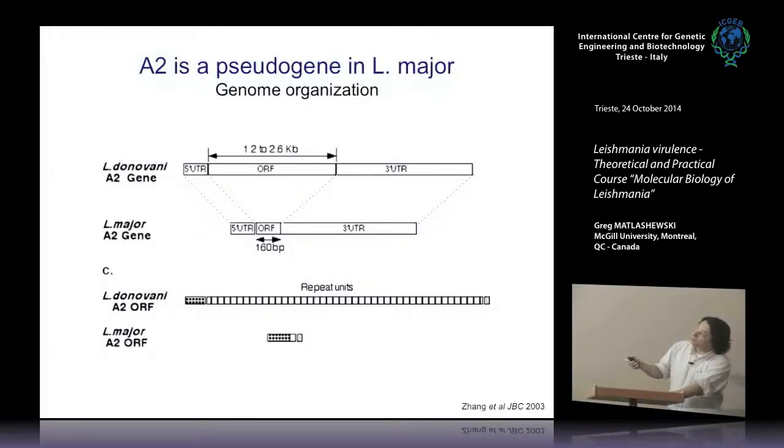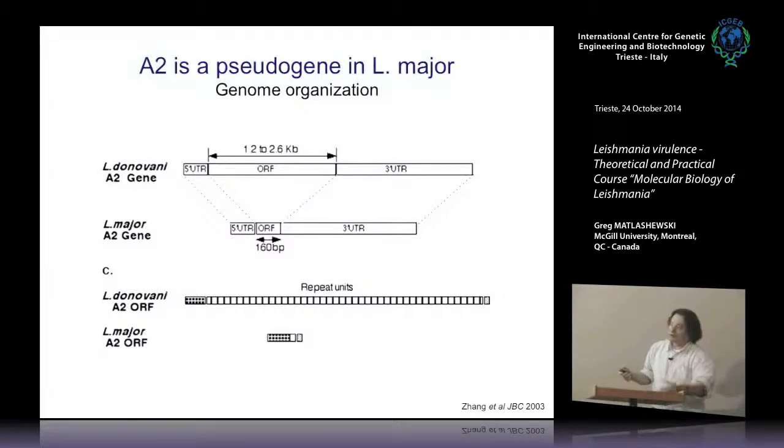When we looked in Leishmania major, we found that the coding part of the gene was completely collapsed, completely reduced. Many of those coding regions were gone. If you look at the protein, each one of these boxes is a 10 amino acid repeat, so you had all of these repeats in donovani, but in L major, there was only one single repeat left. But what was really interesting is it still had the same leader sequence and the extreme 3' end.